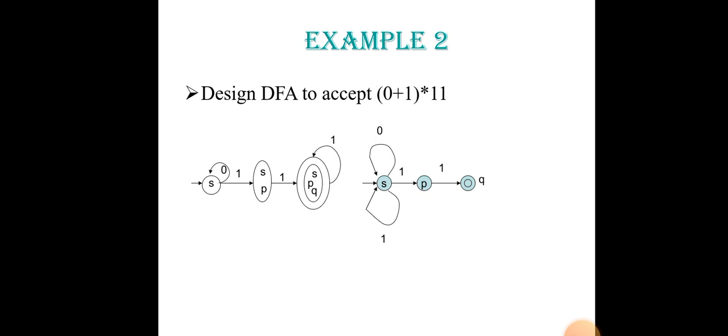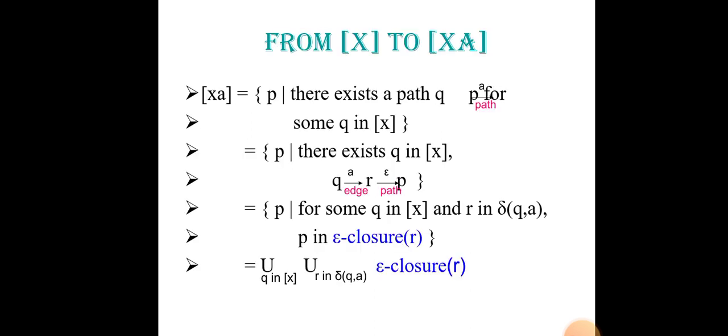This arrow mark shows the final states, and again the transition is satisfied with 0 0 1 1, which means we need the ending to be 1 1. So it is satisfied. From x to xa there exists a path.